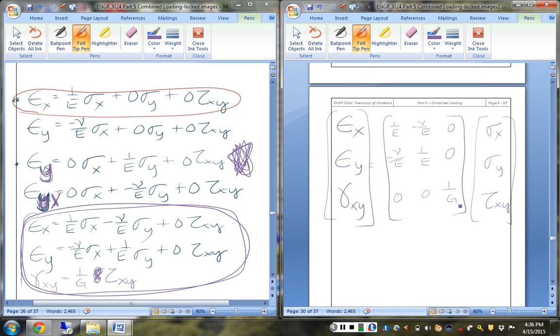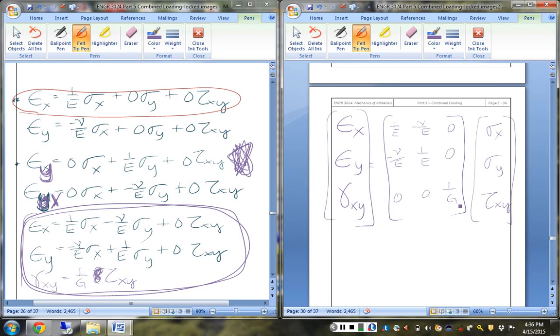But even better, actually, look at what's going on here. You perhaps have heard the term of uncoupled equations. Maybe you have, maybe you haven't. This right here is an elegant example of what it means. Does this number depend on X or Y normal stress?